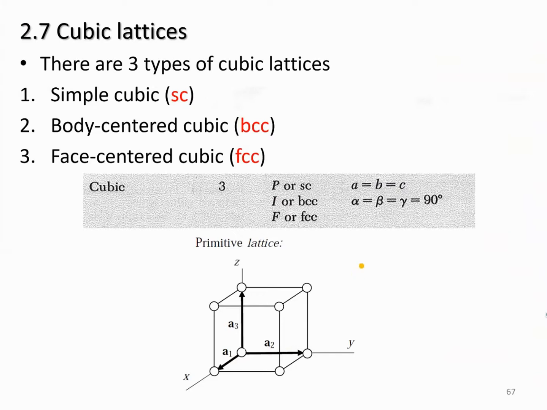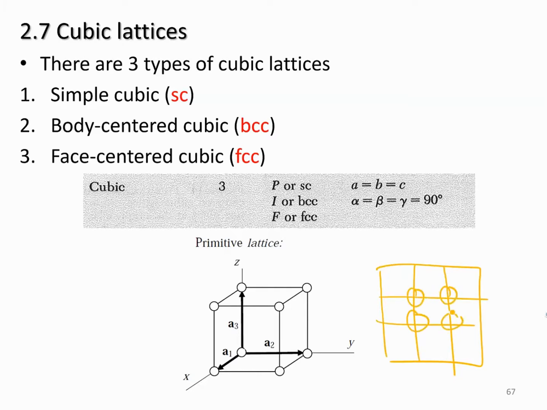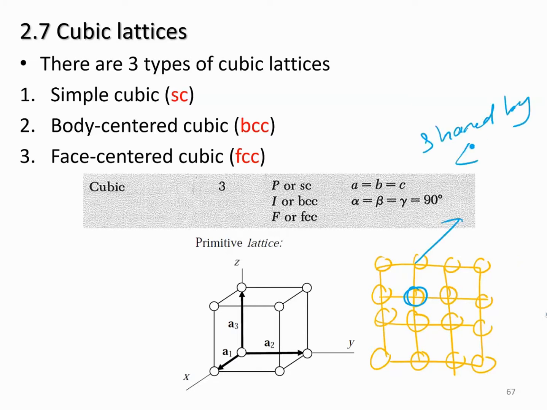Why? Because this is 3D. If I draw in 2D, so this is cubic, right? Although it doesn't look like cubic, you just assume that this is cubic. This atom is actually shared by 4 unit cells, right?